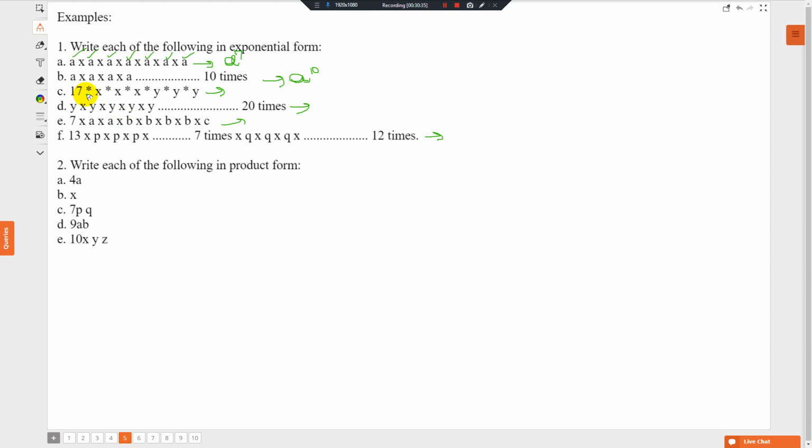Same here in C, 7, this star. Star, right? That means, what does that mean? Multiplication.